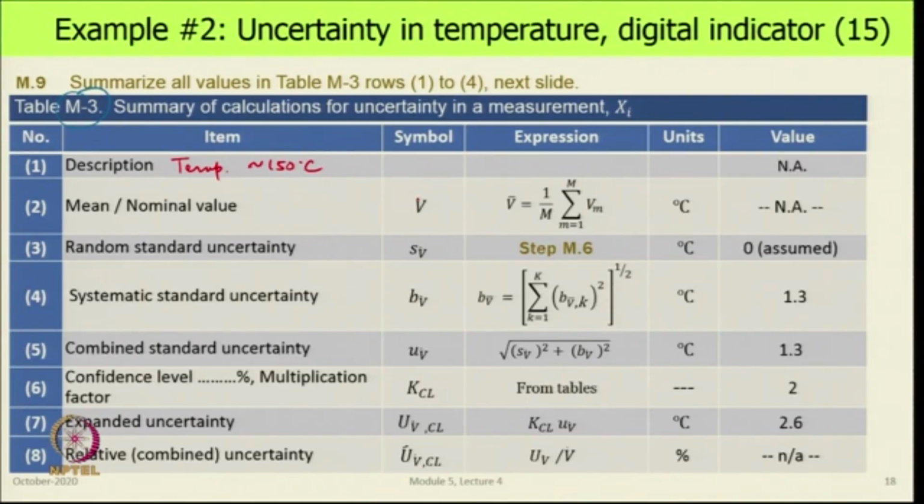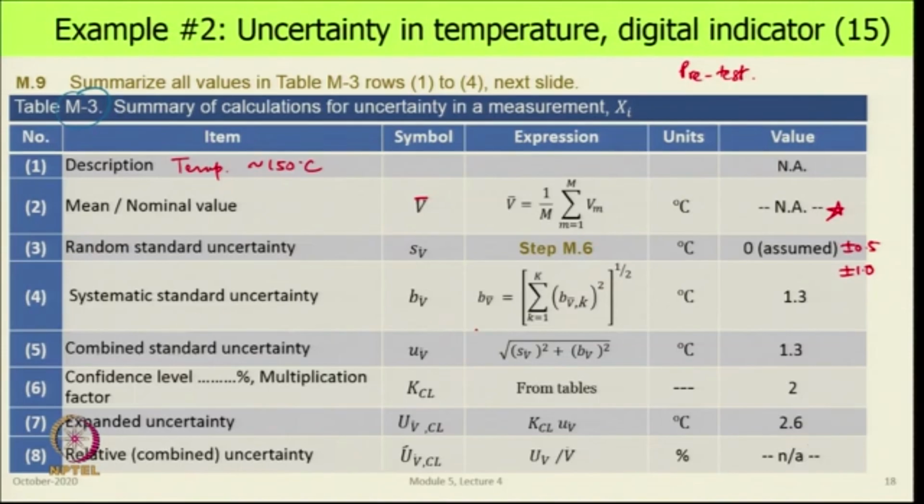Mean nominal value V bar not applicable. We do not have data, we are in the pre-test phase or the design phase. Random standard uncertainty we have assumed to be 0. We could have put a number here based on experience, say plus minus 0.5 or maybe plus minus 1, and then done the calculation and see what happens.